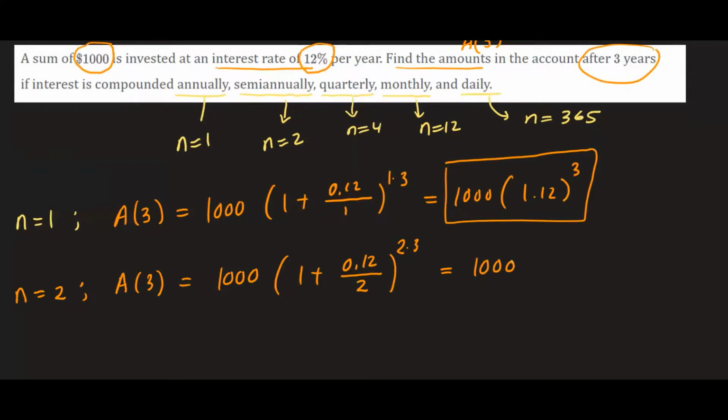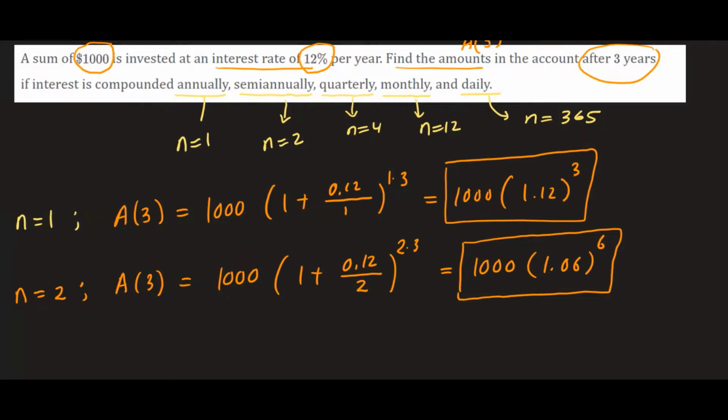So we're doing 0.12 divided by 2. That will be 0.06. We add 1 to it. That's 1.06 to the power 6. And then again, feel free to plug this into your calculator and you get the amount after 3 years if you invested twice a year.